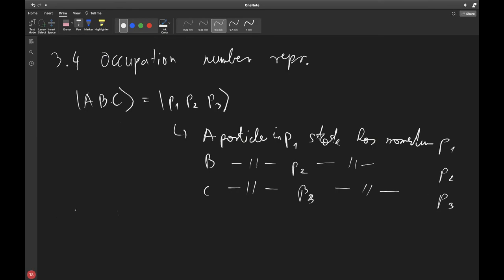In the occupation number representation, however, what we do is denote how many particles occupy each momentum state.